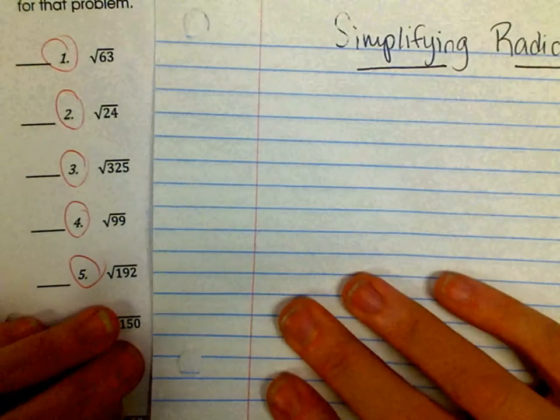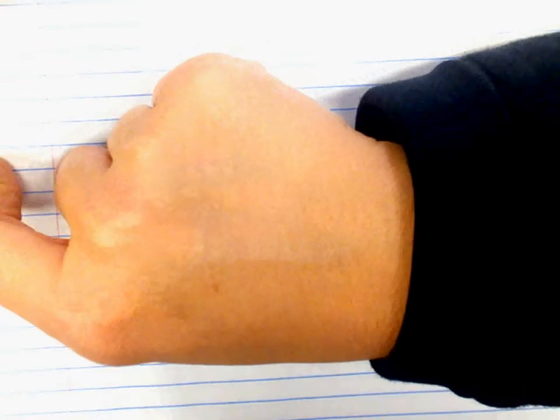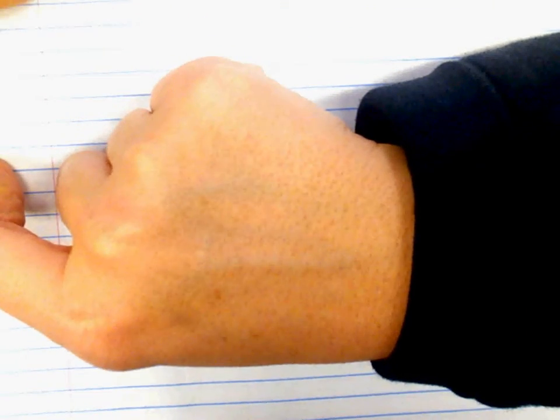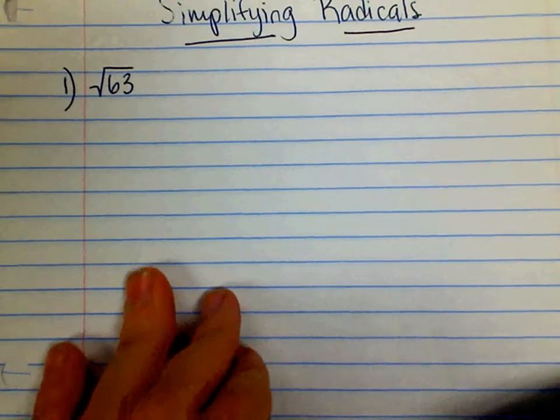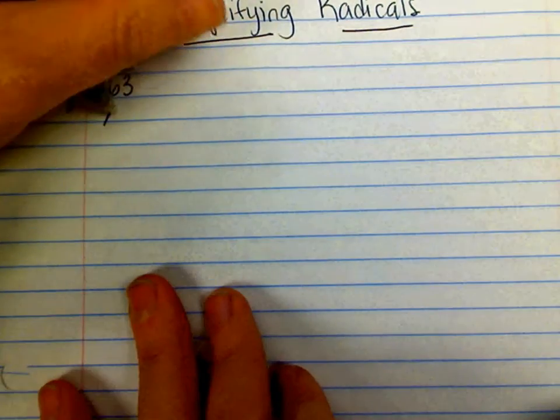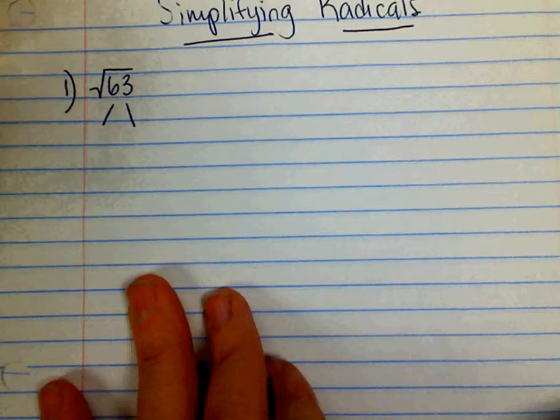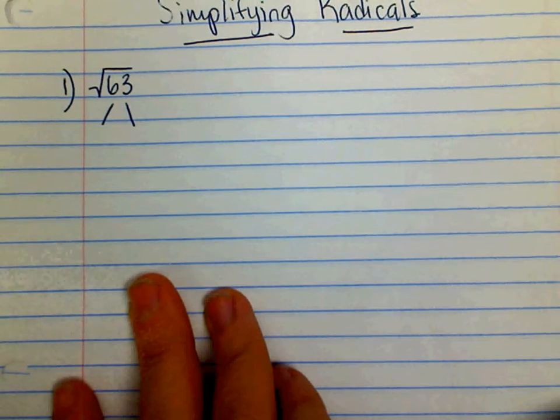Okay, so number 1, the square root of 63. We just want to put this in its simplest form. So we need to make a factor tree, first of all, to figure out 2 numbers that multiply together to give you 63.